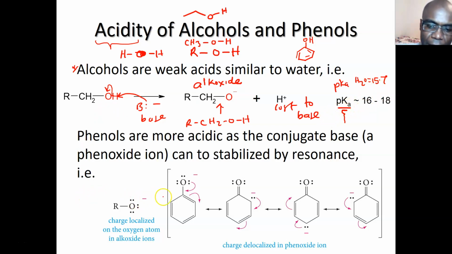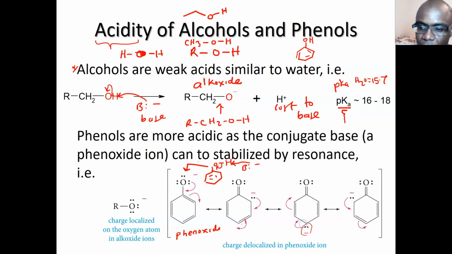Now, if the alcohol is aromatic, so let's say you have a phenol, what happens if the base takes out the hydrogen, the acidic hydrogen? You get what we call a phenoxide. And the phenoxide can do resonance. You push it, it goes there. You push this one here, the 2 electrons come here, and you get a negative charge.